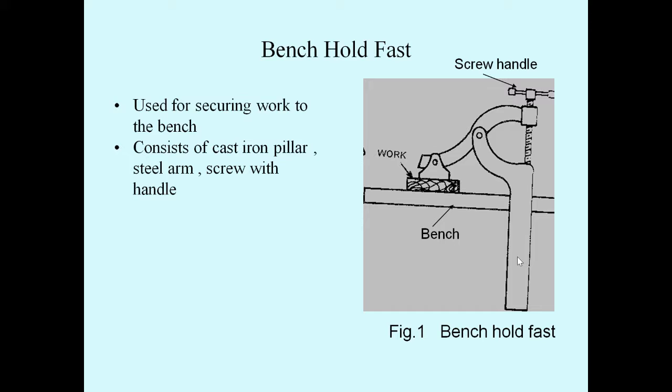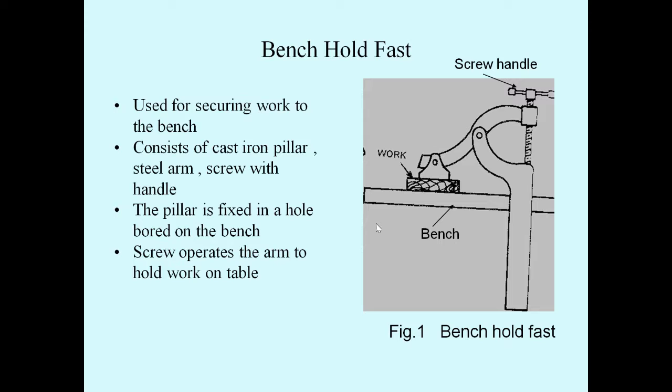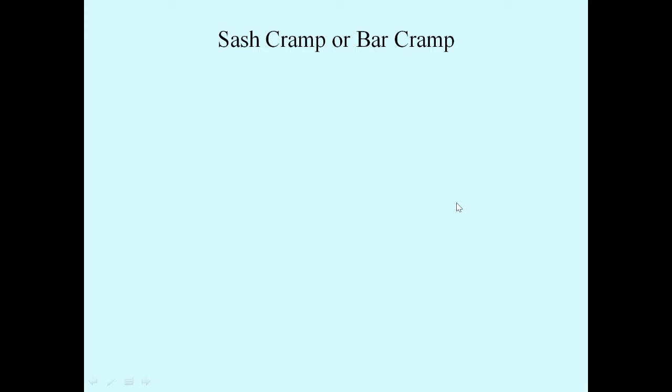This will be the pillar. The pillar is fixed in a hole bored on the bench. Next, the screw operates the arm to hold the work on the table.